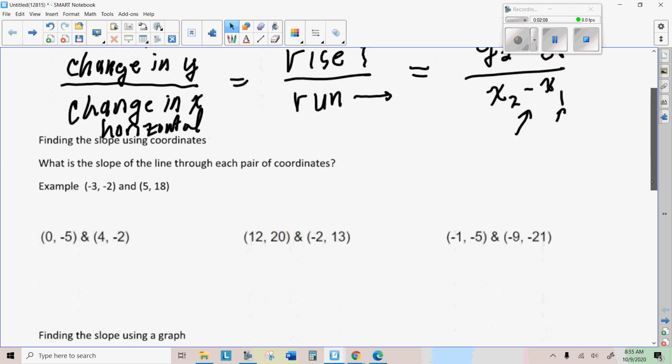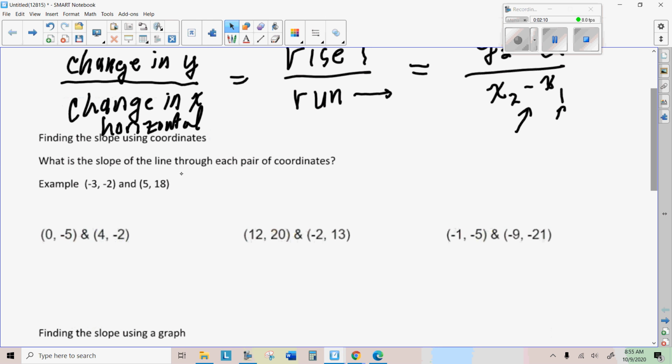All right? So if you have a set of coordinates, I'm going to use the formula that I just talked about to get it. And we usually use the letter m to represent slope, but the y values, I'll label them here, would be the 18 and the -2. So I usually do the biggest one first when I'm doing the y values.